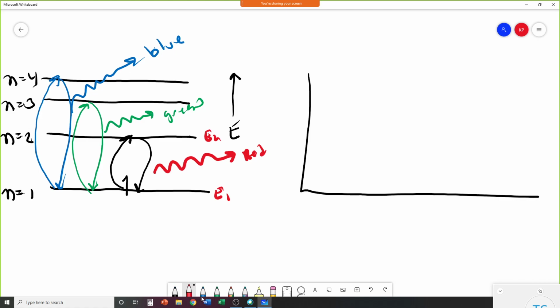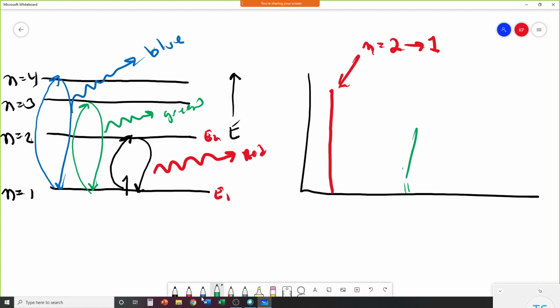Most of your energy is going from, this guy right here is going from n equals 2 to n equals 1. And then you go down over here to where you got a couple of green lines, very faint green lines. That's why you see red, because that's all your eyes can see.